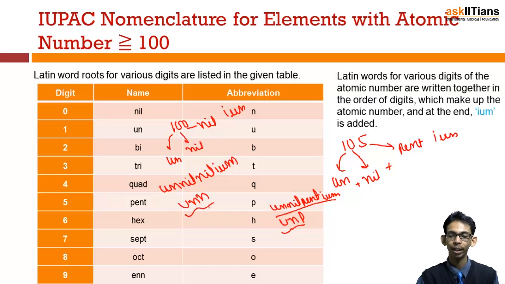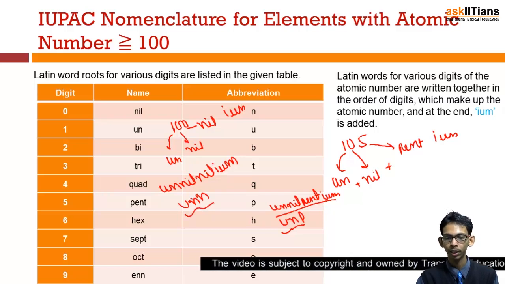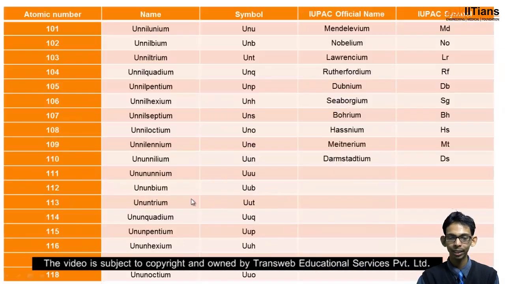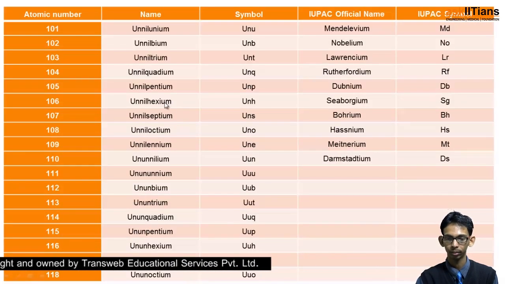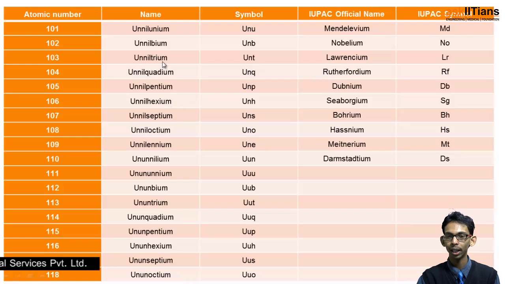This is how we write the names of all those elements with atomic number greater than 100, and this is the table for the names of those elements with atomic number equal to or greater than 101. For 101, 102, you can write their names easily using this table.